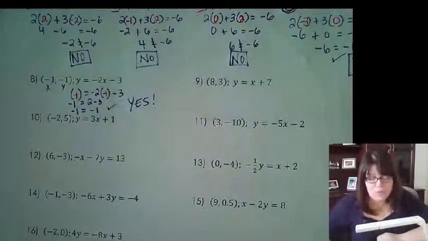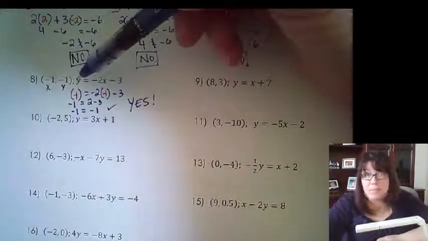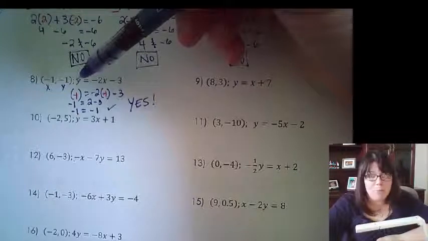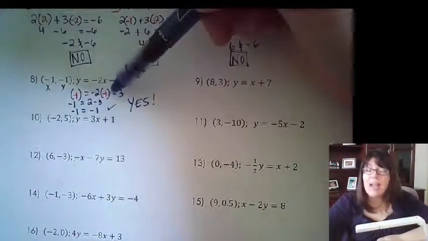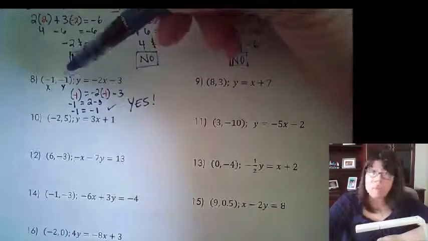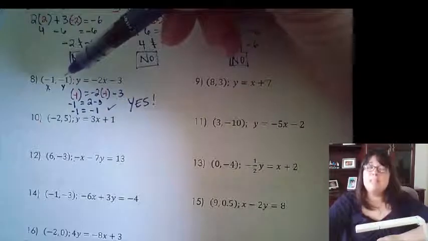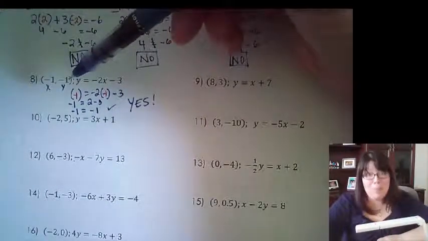I hope it didn't trip you up that the y was over here by itself, because as long as you follow the same steps, it'll work in the exact same way. You leave a space for y, you leave a space for x, and then you plug in x and y from your point. No matter where they are, no matter what it looks like, just leave a space and then plug them in. Then you'll be able to simplify, I promise.